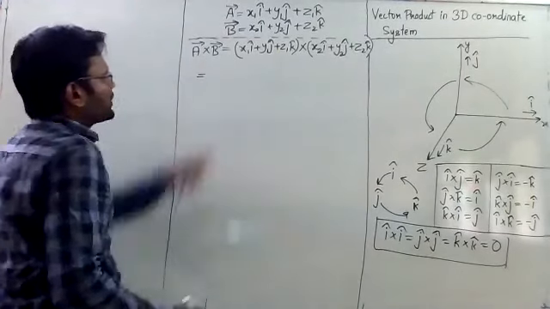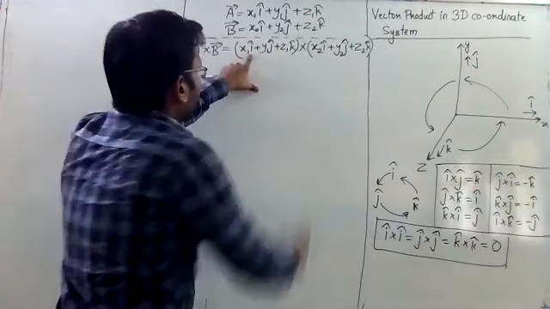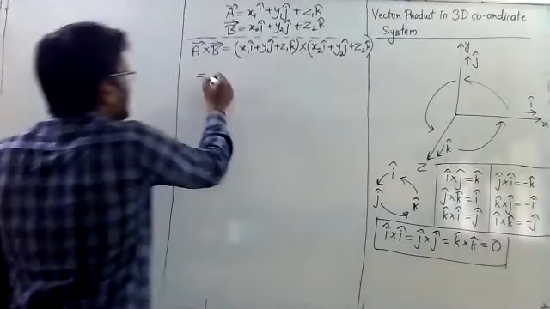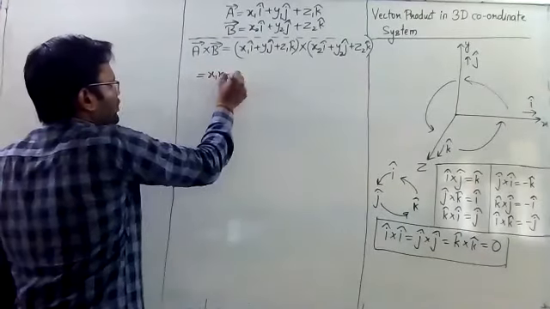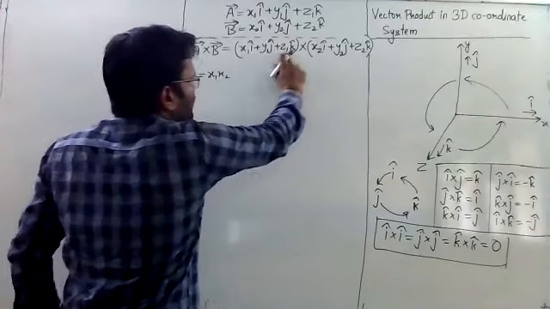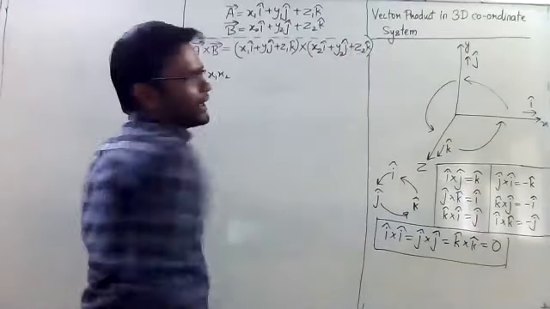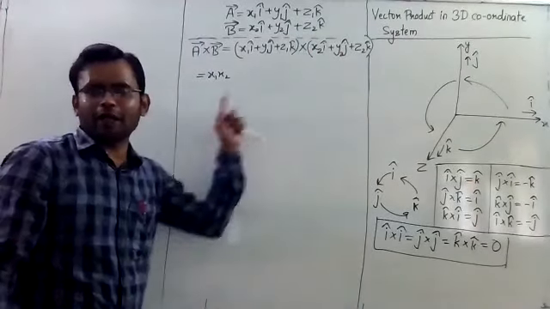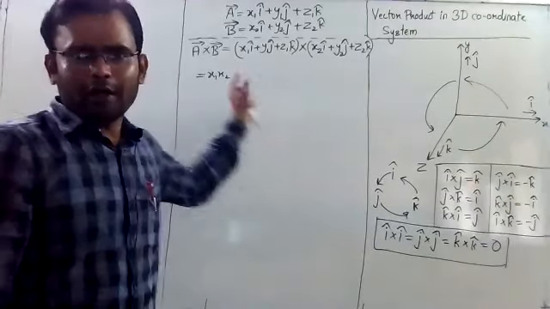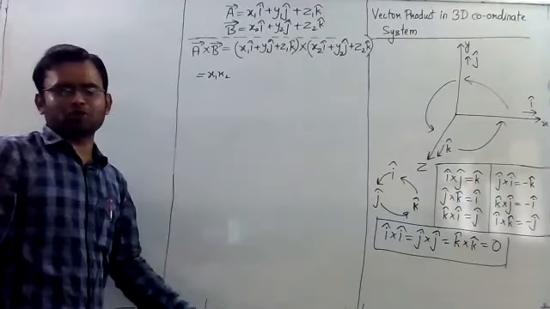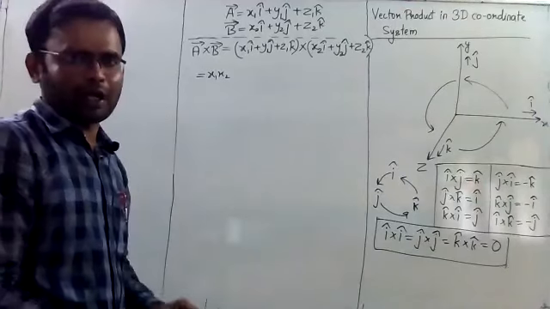So let's start here. x1 i into x2 i. So here I am having x1, x2. x1, y1, z1, x2, y2, z2 are scalars. What are the vectors I am having? i cap, j cap, k cap are the vectors, and the rest of the terms, x1, x2, y1, y2, z1, z2, are scalar quantities.